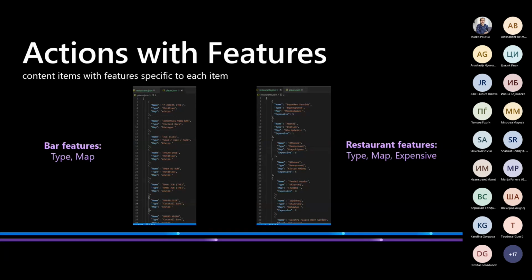Σύνταγμα, Mastiraki, so not the specific location, not exact coordinates of each bar, for example, but a more generalized context. And we have the same thing for the restaurants data, so the type, if it's Mediterranean food or Greek, Mexican, and so on. Map, again, generalized location, not specific location for each item. And then how expensive it is.